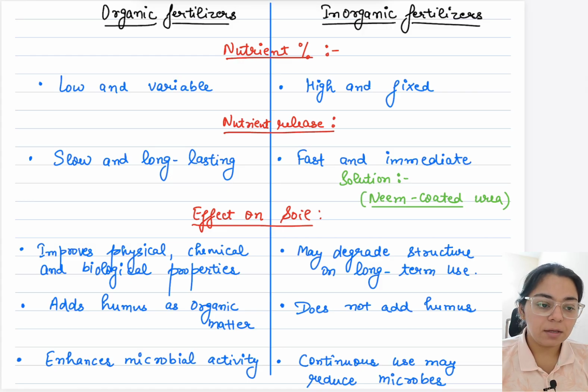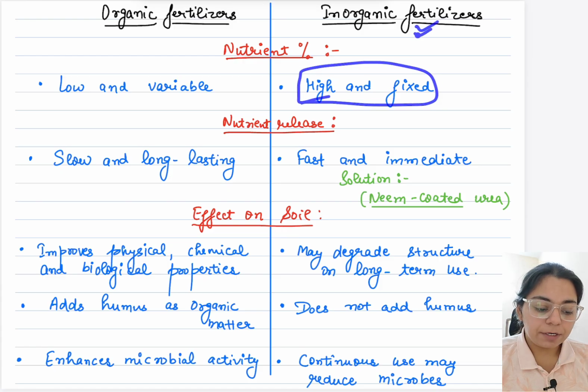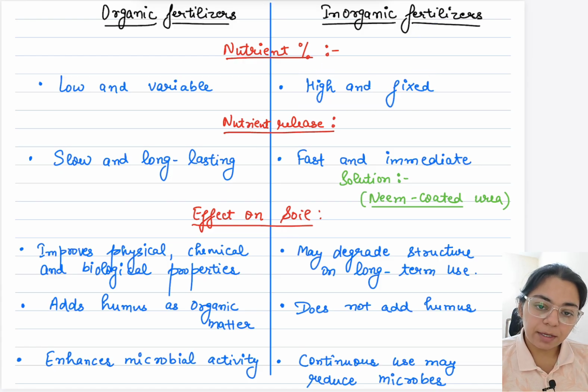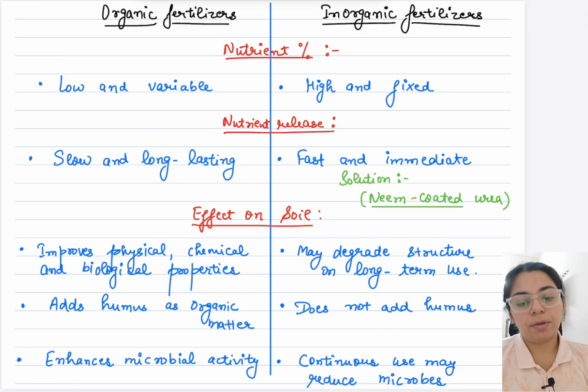Whatever comes to your mind will be good for you to remember, and we'll also cover that in upcoming classes. So, inorganic fertilizers will have fixed and high concentrations of specific nutrients. For example, urea is known for nitrogen itself. But if we talk about farmyard manure, we cannot say that only one single nutrient is coming in maximum from that, okay? Because it will be a complete package of nutrients coming from there.